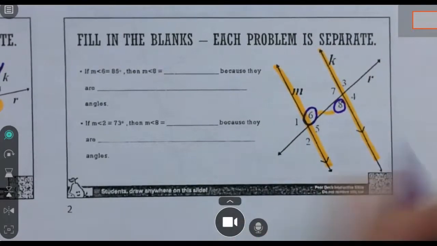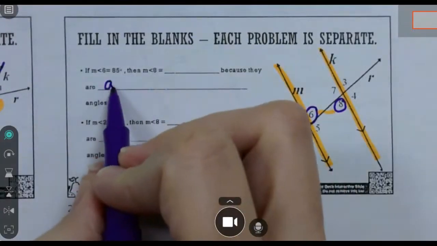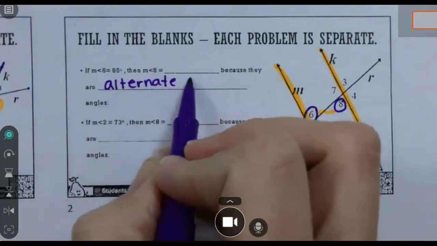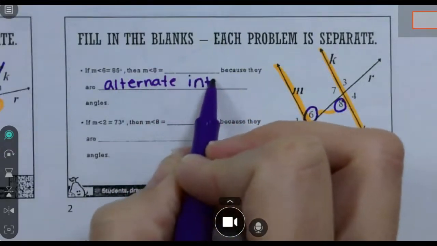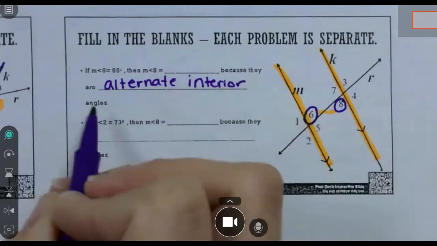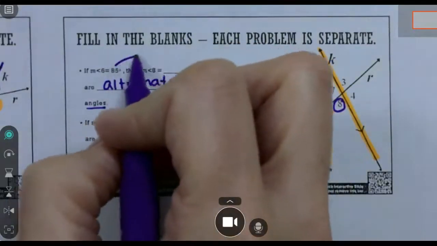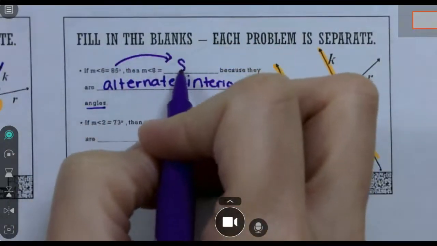So those would be alternate interior. And I don't have to put angles because the word is there. It says 85 degrees, so alternate interiors are also equal to each other, so I'm just going to copy that 85.